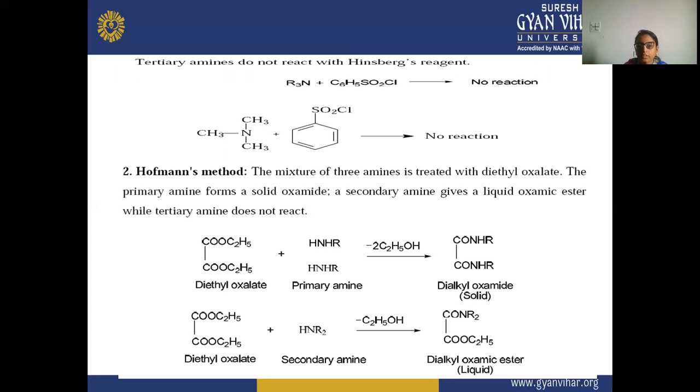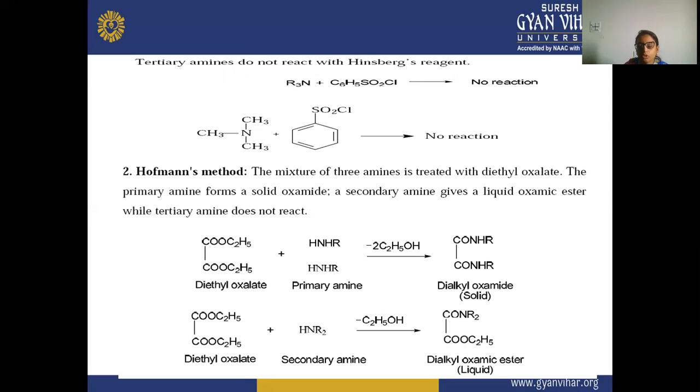So in this case, this is your diethyl oxalate, and these amines are reacting with this diethyl oxalate in the Hofmann method. In case of the primary amines, they are forming a solid diethyl oxamate, and in case of your secondary amines, they are forming a liquid diethyl oxamic ester.